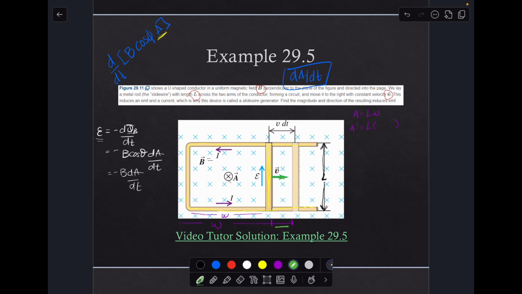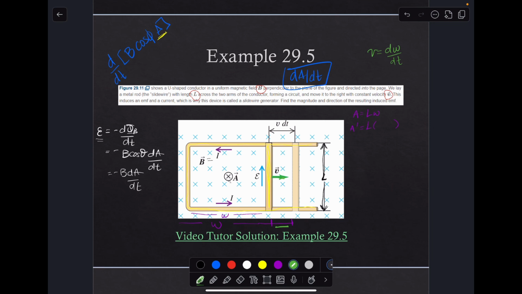So what is the width of this piece? The only information we have is that the velocity is to the right. And velocity, you may recall from Physics 1, in terms of the variables of this problem, is the change in the width with respect to time, okay?